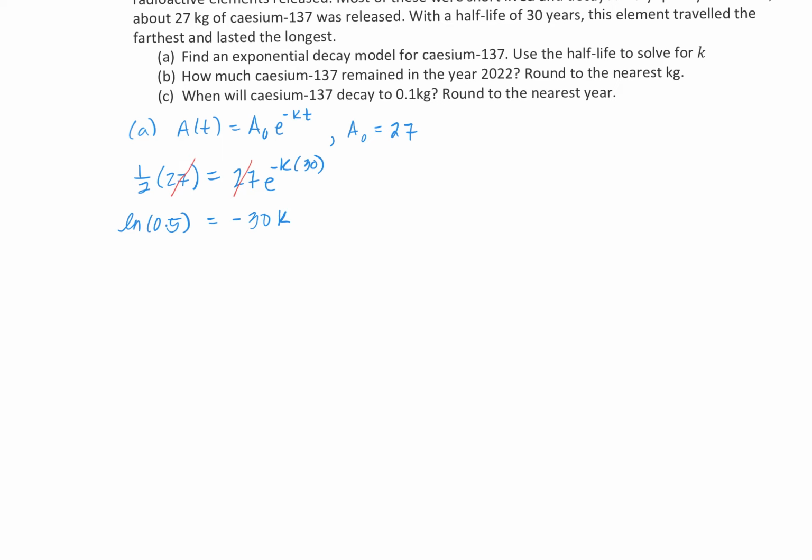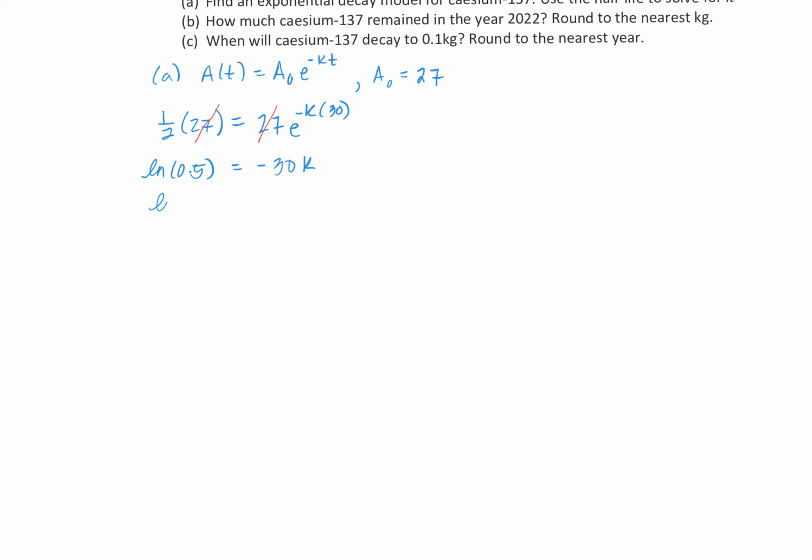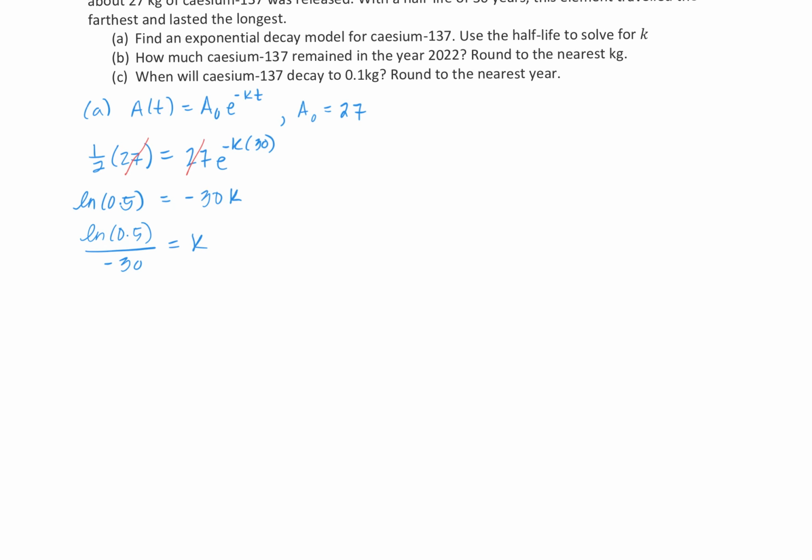So solving for k, I would just divide both sides by negative 30 to get natural log of 0.5 over negative 30.